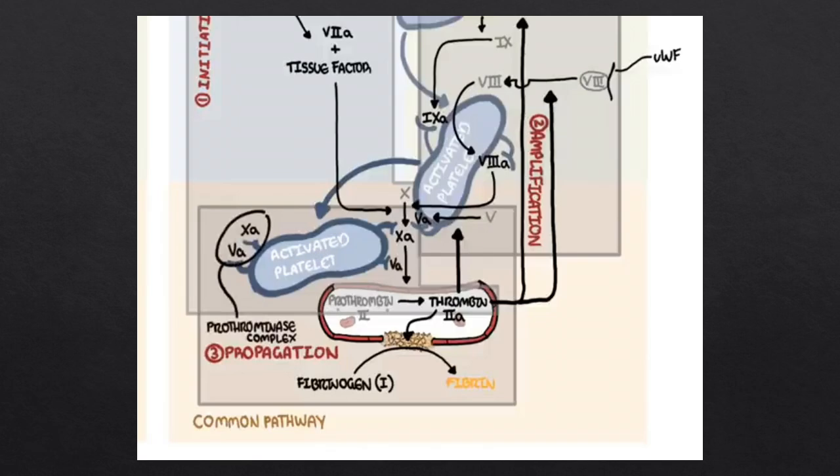So the conversion of prothrombin to thrombin by combining of factor 10A and 5A on the activated platelets is called the propagation. So by more amount of thrombin that is formed during these steps, there is more amount of fibrin clot that is formed.